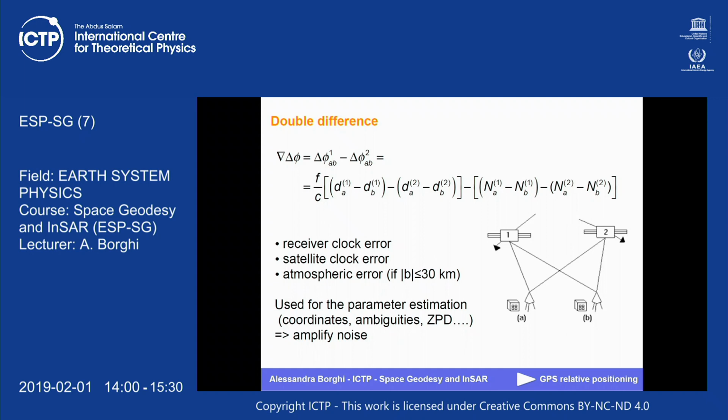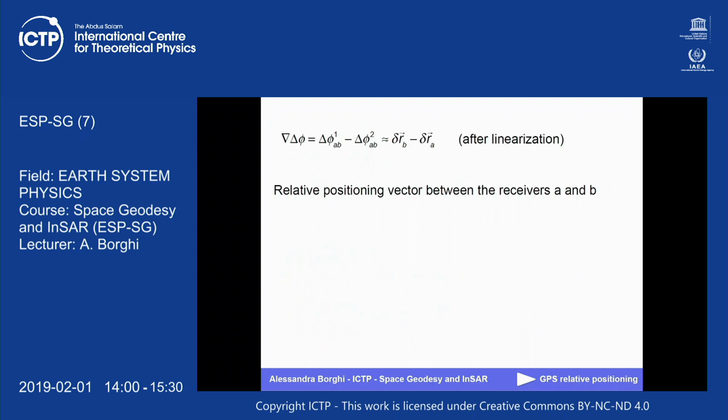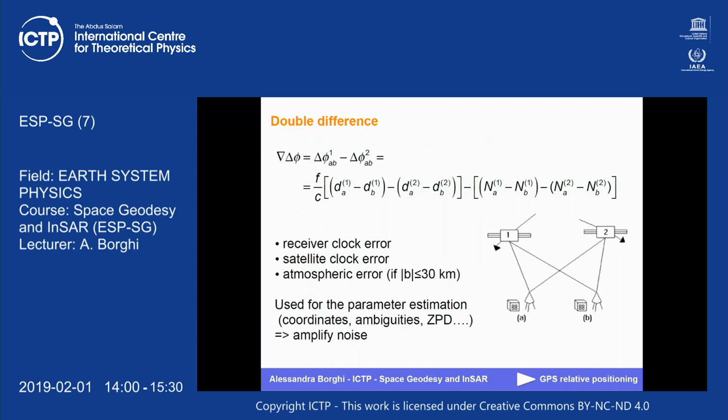And so we use this observation to estimate coordinates, ambiguities, the zenith delay due to the troposphere, and so on. This is the common observation used.